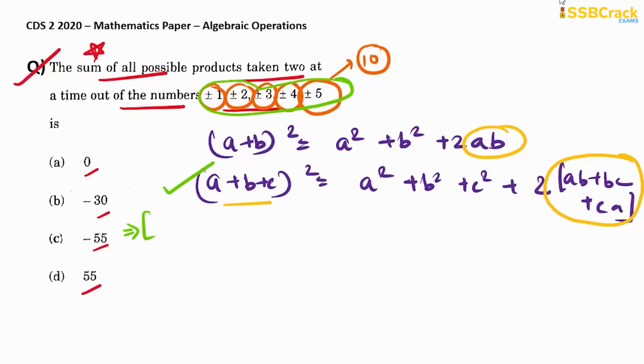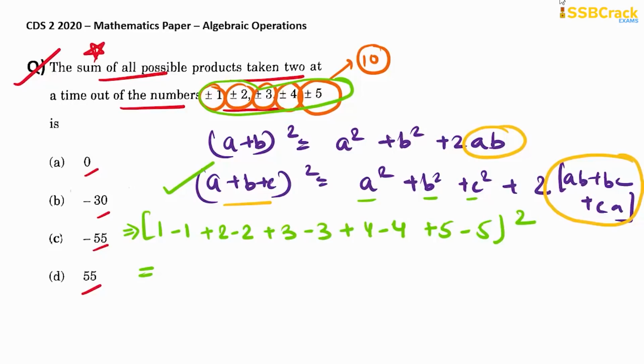So it will be 1 minus 1 plus 2 minus 2 plus 3 minus 3 plus 4 minus 4 plus 5 minus 5 whole square is equal to the square of each individual term, and we know that the square of 1 and minus 1 will be the same, 2 and minus 2 will be the same.